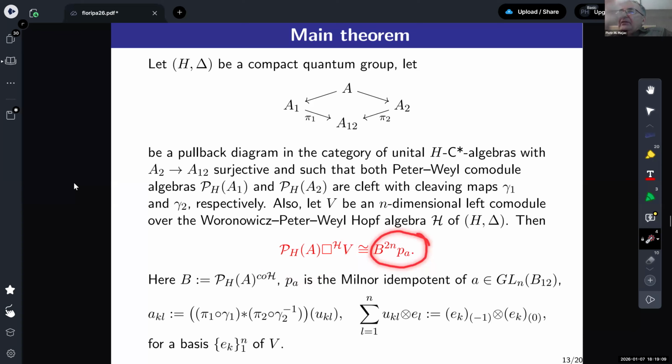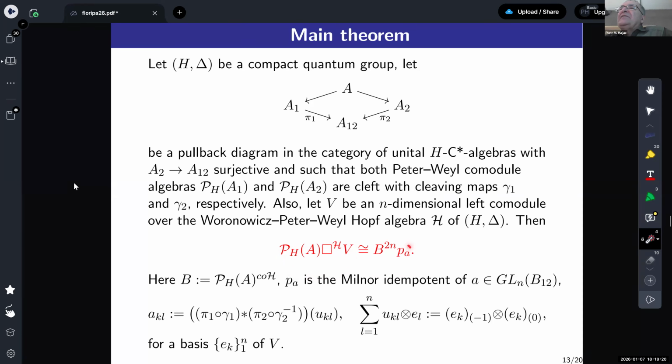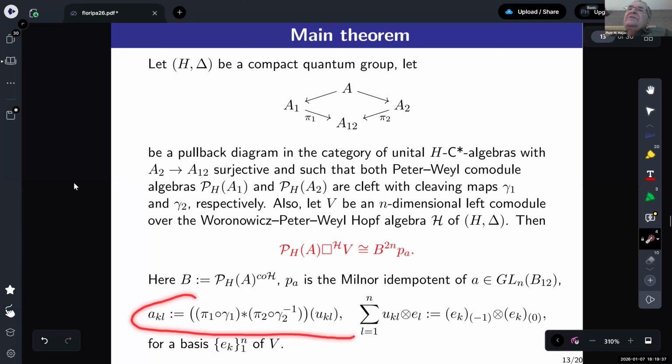That's not a big deal because I showed you the Milnor picture of this projective module, so obviously you can write such a formula. The essence of this theorem is that we compute this invertible matrix A out of the representation matrix defining a representation.